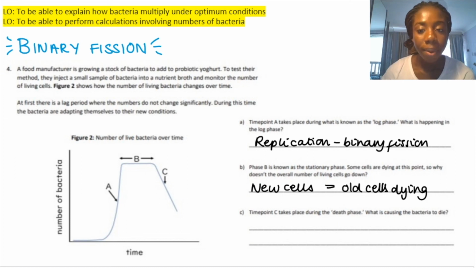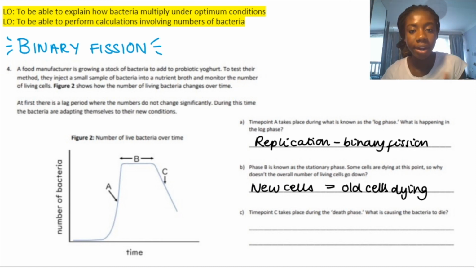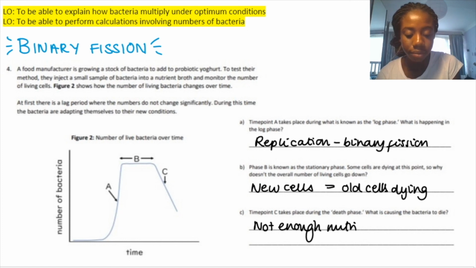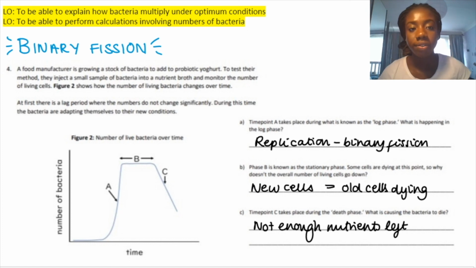And if we look at how much replication has been going on previously, we can kind of deduce that it's most likely that there's not enough nutrients left for new cells to keep reproducing and proliferating. So we can say that there's not enough nutrients left in order for binary fission to occur.